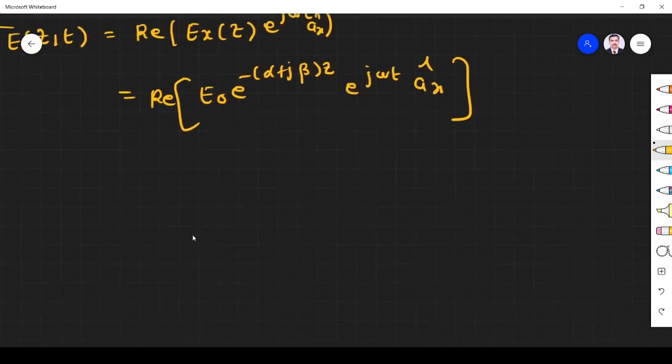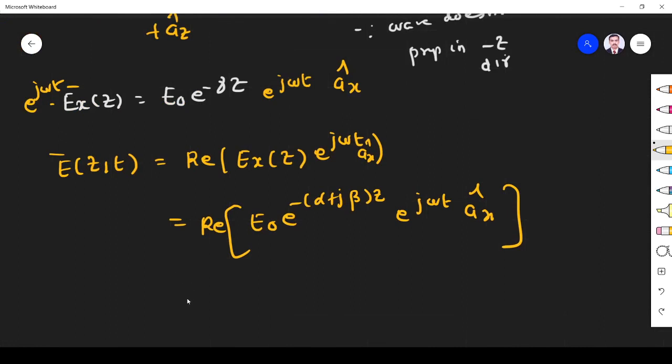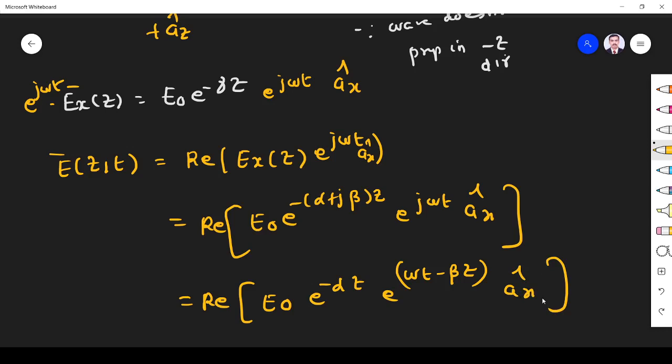So this will be equal to the real part of E naught e power minus alpha z e power j omega t minus beta z into Ax vector.